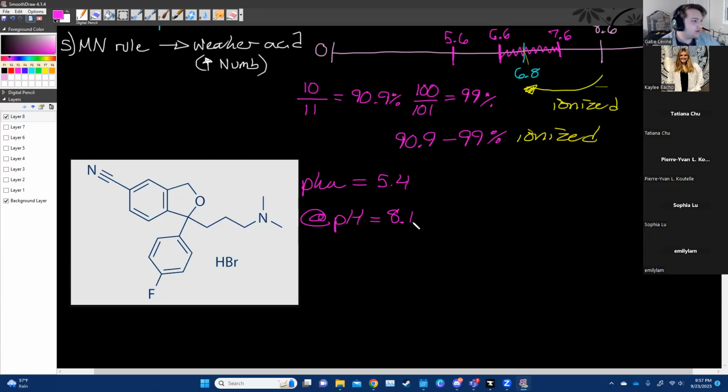Well, technically you don't really need a calculator, because the ratios are always going to be the same. 10 over 1 is 90%, 100 over 1 is 99%, 1000 over 1. So technically you don't really need a calculator there. All right.